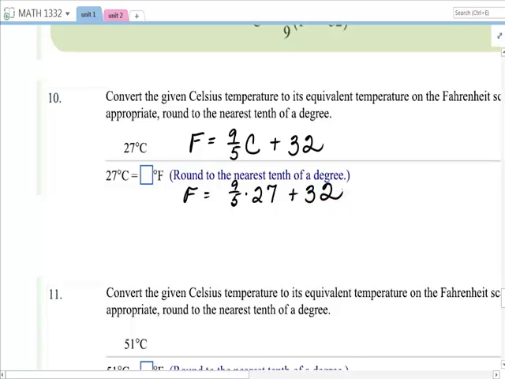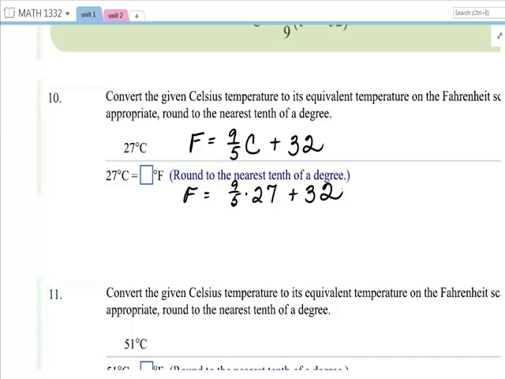Now, how many of you have your TI 83 or 84 already? Do you have it with you? You do? No? Oh, okay. All right. Well, this can be done pretty easily on the grapher.